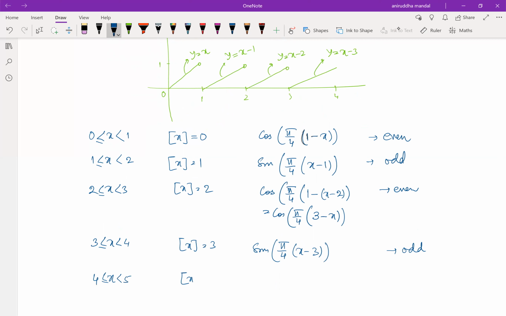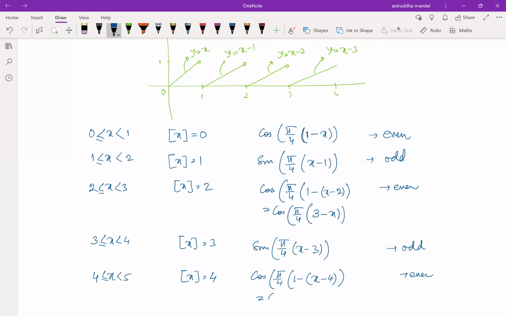From 4 to 5, the box function is 4, and 4 means even, so we will use the cos function, with 1 minus the fractional part x minus 4. So the function should be like cos(pi/4 (5 minus x)).